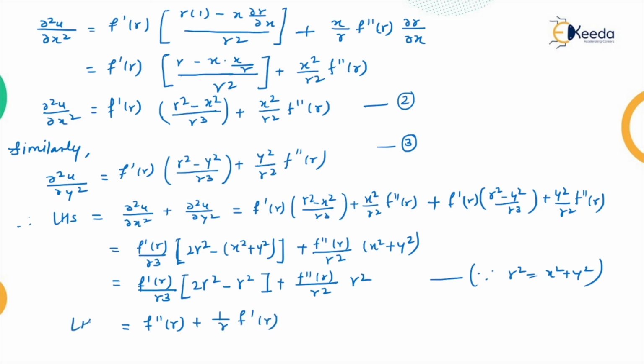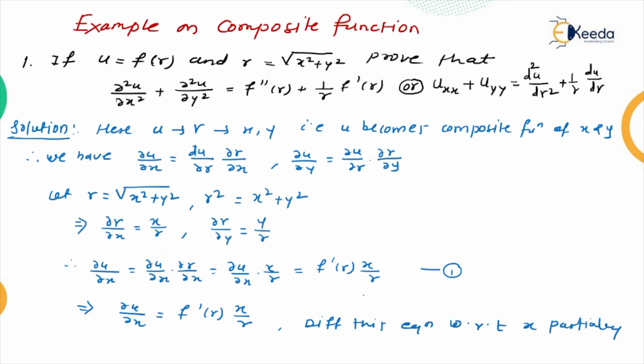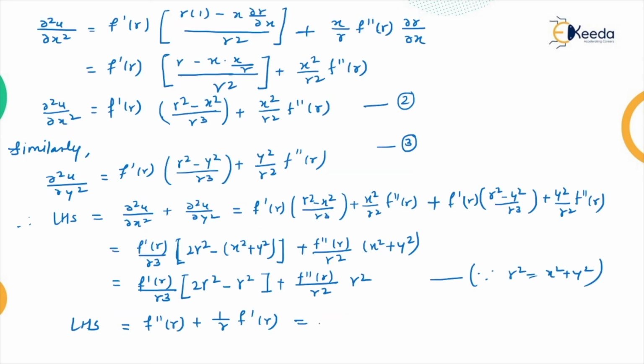So this is LHS, and you check whether the RHS is the same or not. RHS is f double dash of r plus 1 upon r into f dash of r. So this is RHS. I hope you understand this, LHS equal to RHS, hence the proof.